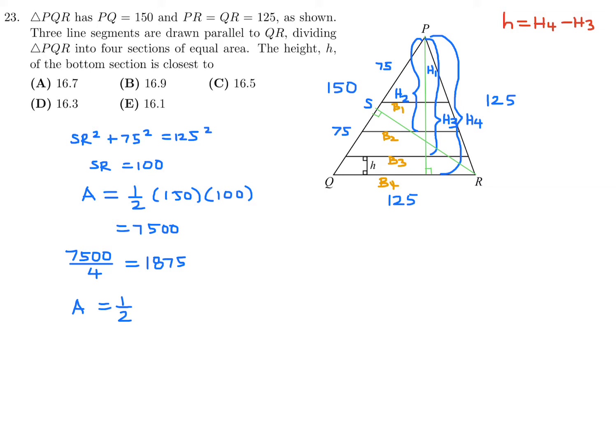The area is 1/2 base times height, B4 times H4. The area we just calculated as 7,500, B4 is 125, and H4 I can now calculate. When you do this math, you get H4 is equal to 120.